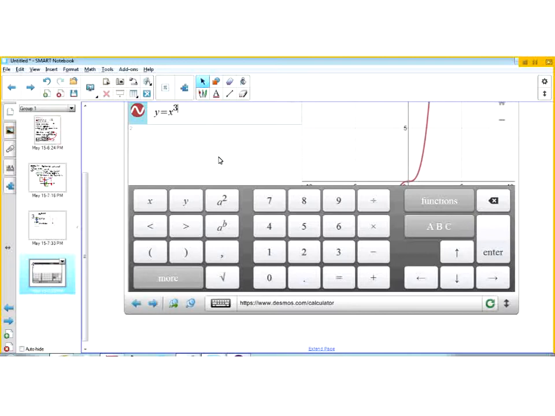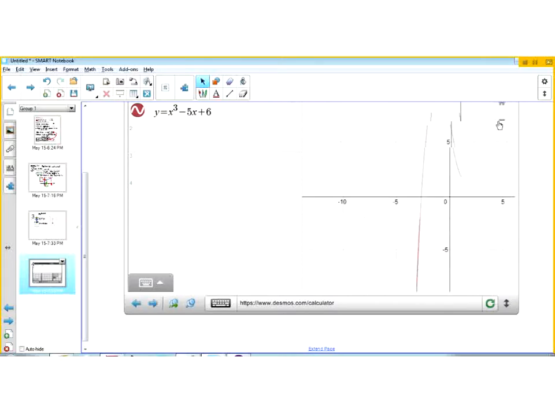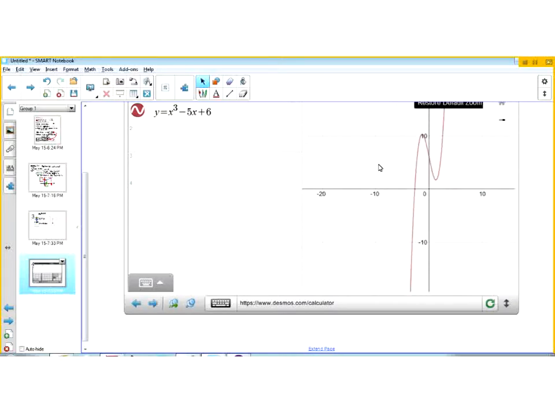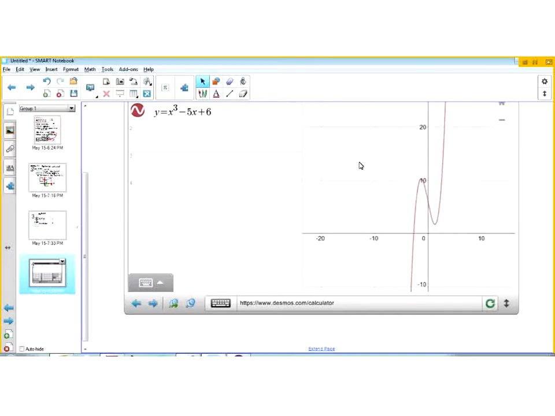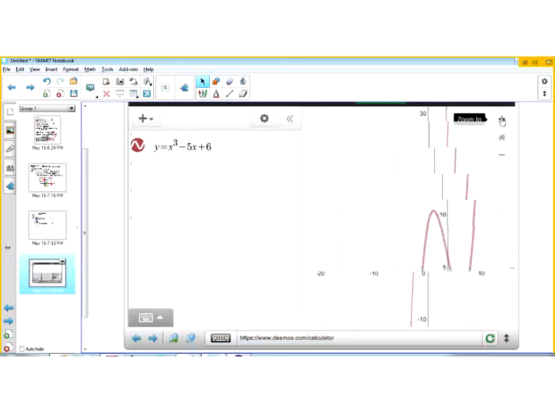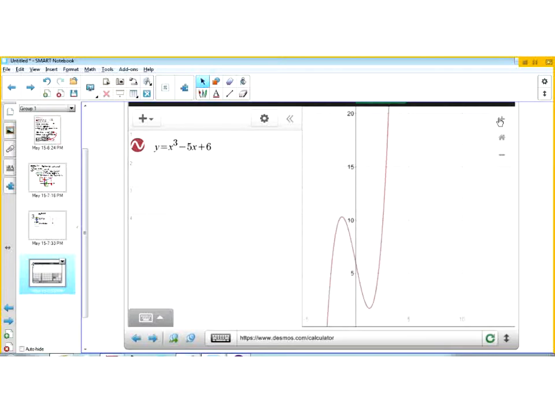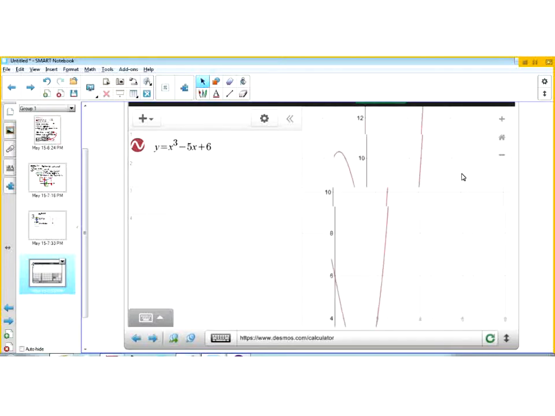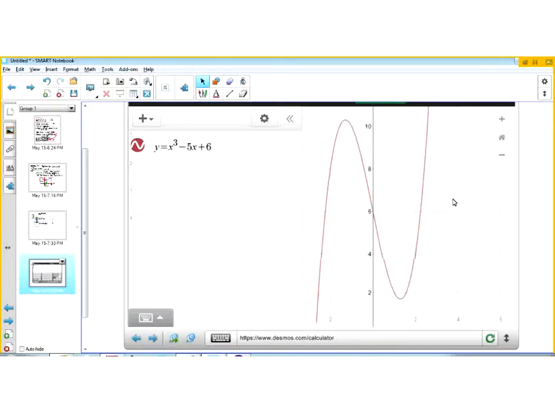Okay, so let's consider this function. Y is equal to x cubed minus 5x plus 6. Okay, and that is shown in red on this graph. All right, so the question I'm asking is, so there's the graph right there.